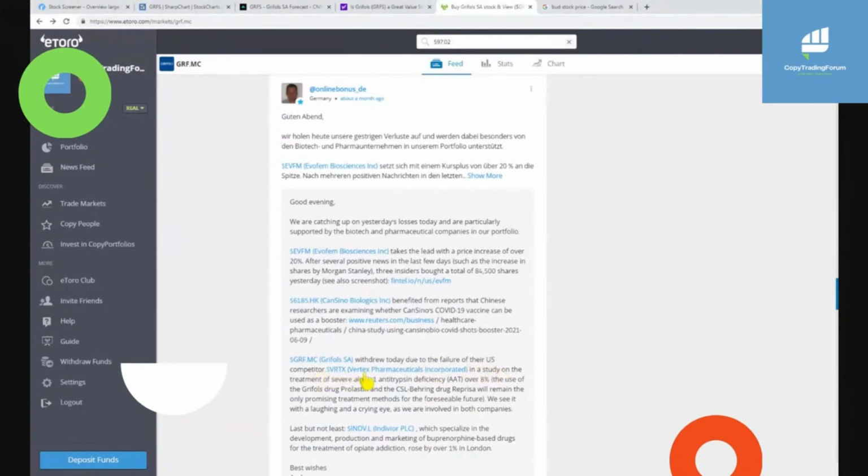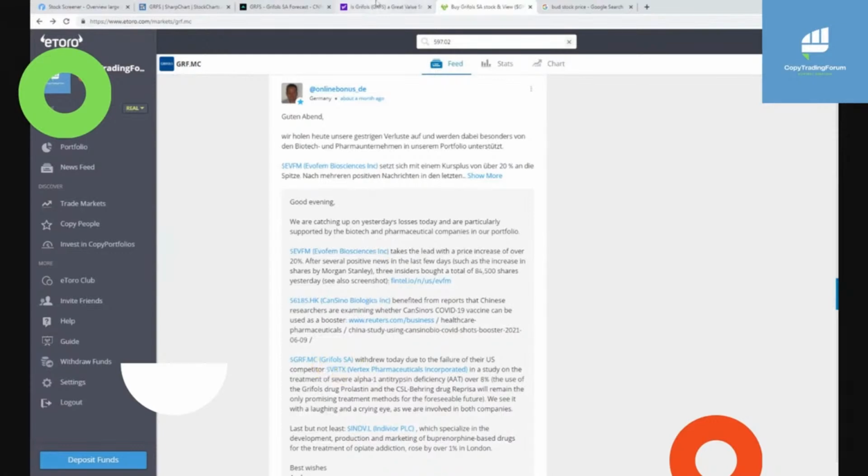Their US competitors were in a study on the treatment of severe alpha-1, some sort of disease, but it wasn't successful. This also affected the competitors' price, because if the trial didn't work out for them, it will probably not work out for Grifols. So the stock price went down.